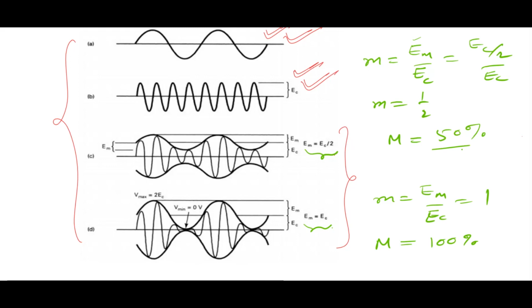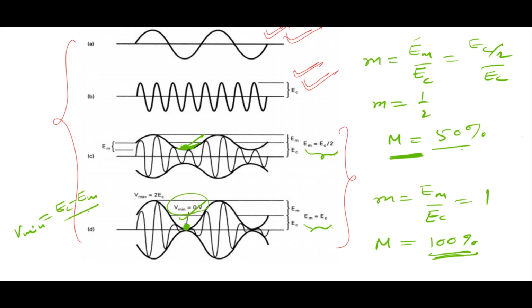If you see these two waveforms, the first one is this one and the second one is this one. If it is 50% modulation, you'll have some value of minimum amplitude over here. But if the percentage is 100%, the minimum amplitude of this amplitude modulated wave will be equal to 0. This happens because Vmin is equal to EC minus EM.